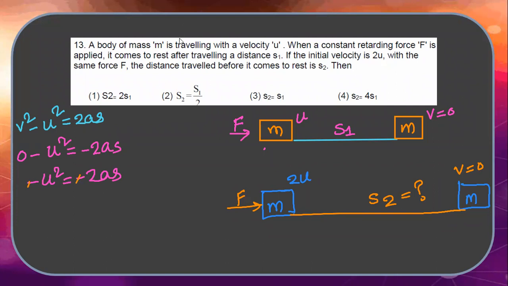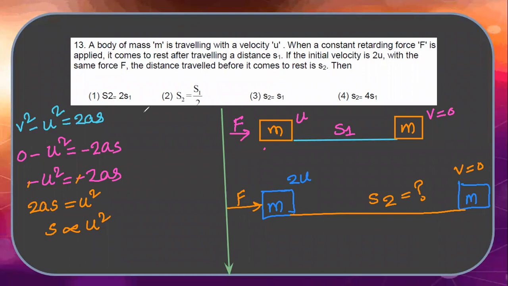Then 2as is equal to u square. Then s is proportional to u square. This is the condition: s is proportional to u square.